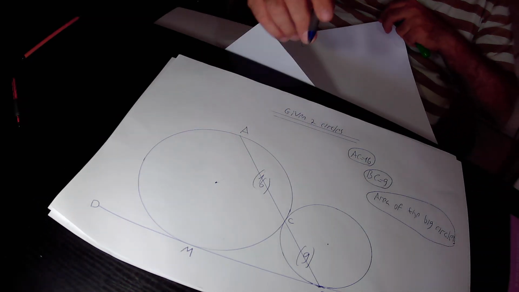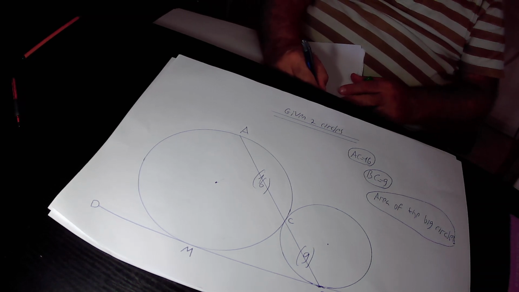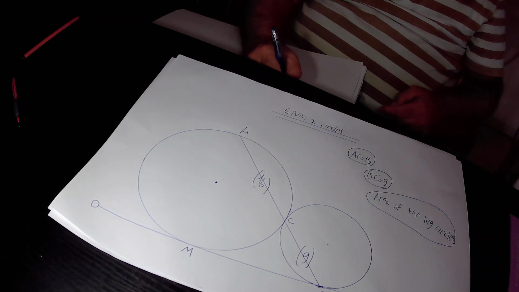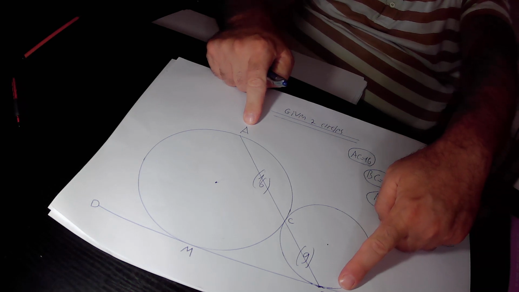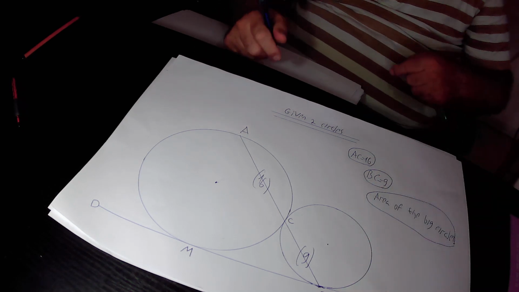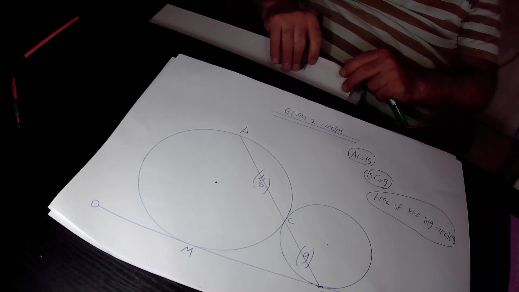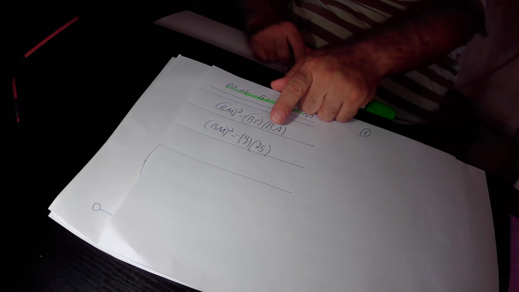BM is the missing tangent, so we leave it as it is, BM squared. That is equal to BC, which is 9, times BA. BA in total is 9 plus 16, that is 25. So in total, we found out that according to rule 10, BM squared equals 9 times 25.